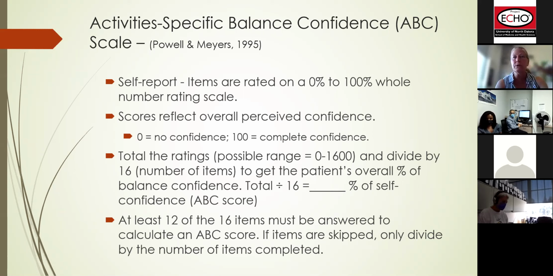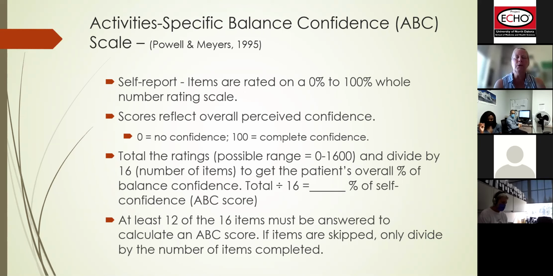So we have the quick screening by the CDC. There's also the activities-specific balance confidence scale. This was put out by Powell and Myers, and it's a self-report. You can give it to the patient. It's a pen and pencil test, and it asks, how confident are you doing these 16 tasks?